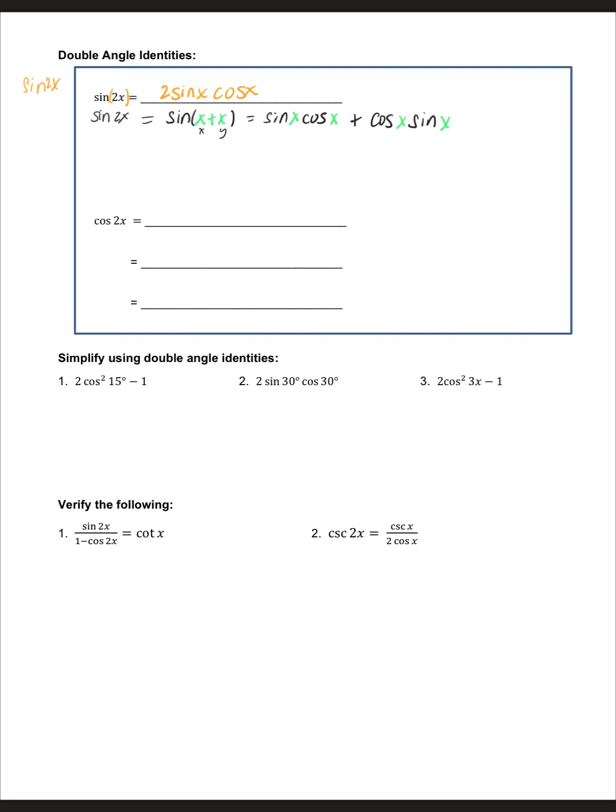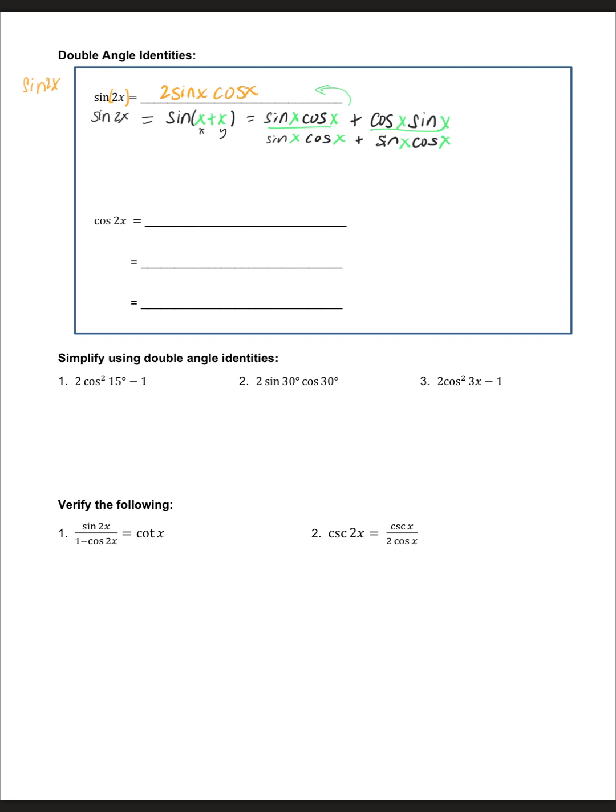Now, how do I want to get this up here? That's what I'm trying to show you, that I prove that that works. So if you think about this, if you look at these two terms, they're exactly the same. If I rewrite that second term and just switch the sine and cosine, I should have the same thing. And I can do that because they're being multiplied together, and multiplication is commutative. So I have sine x, I'm going to write that first, times cosine x.